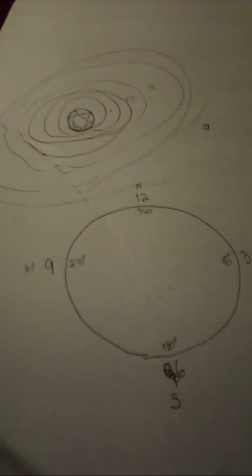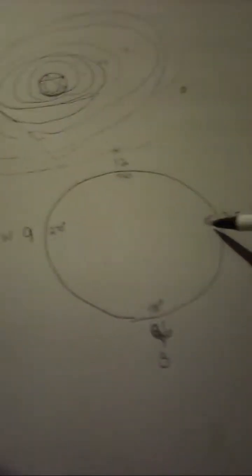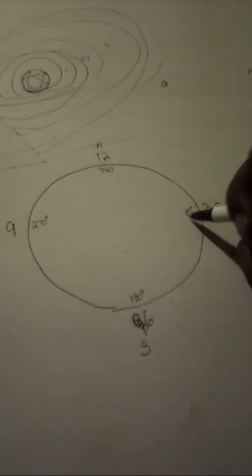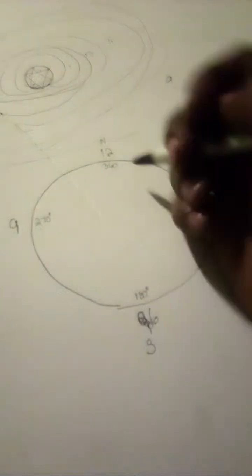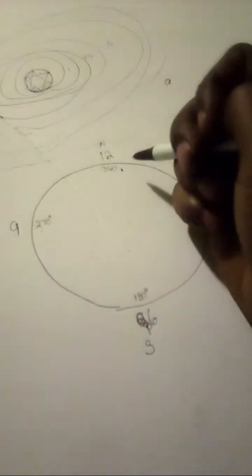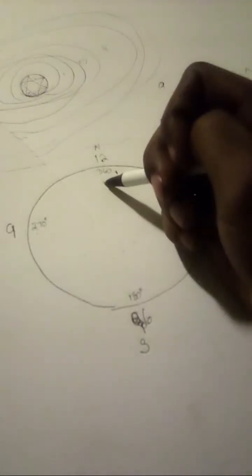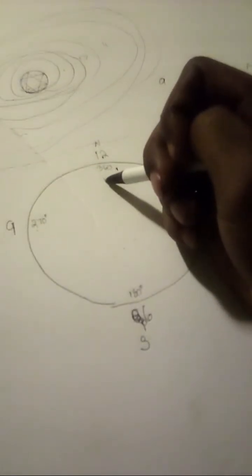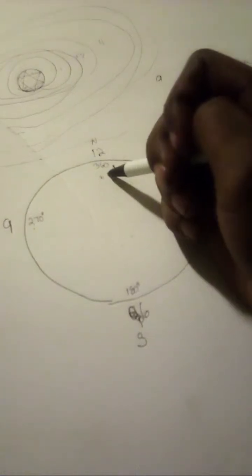So now we're experiencing six. So the thing is, you have to count by 90. 90, 180, 270, 360. That's one. Now, 360 plus 90 is what? 450.